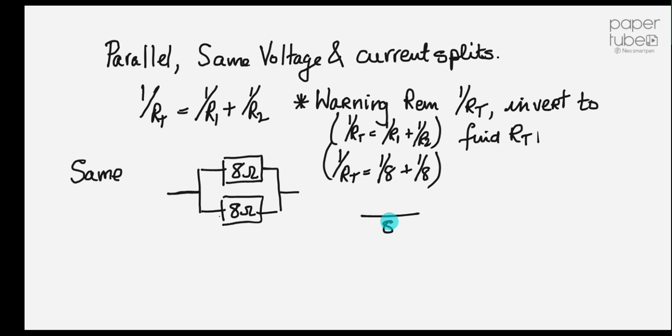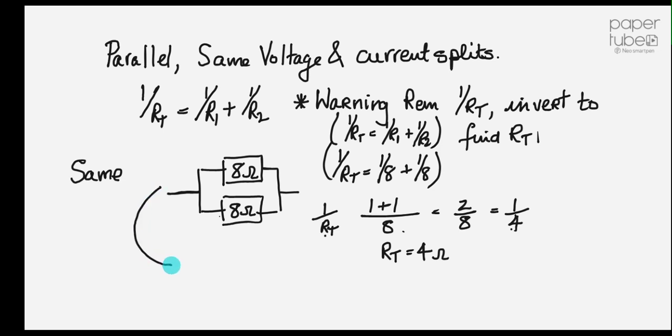The number at the bottom is the denominator, and the one at the top we call the numerator. So 1 plus 1 is 2 over 8, which is known more affectionately as a quarter. Warning, warning, warning. I want RT, I don't want 1 over RT. Throw this side upside down, throw that side upside down, so RT is equal to 4 ohms.